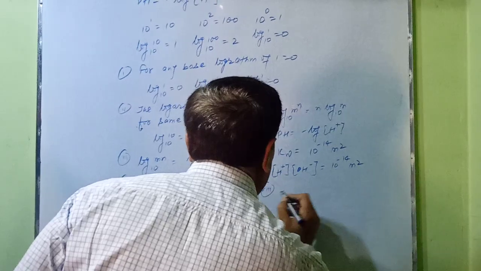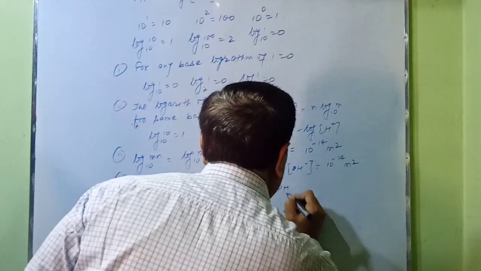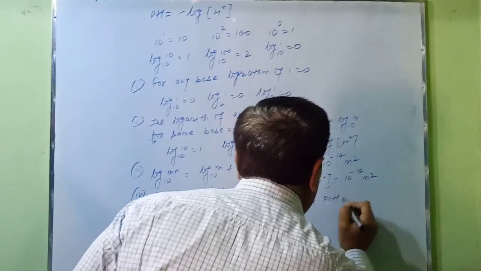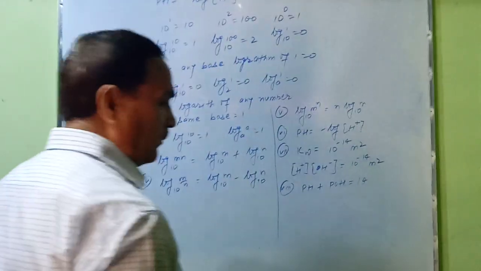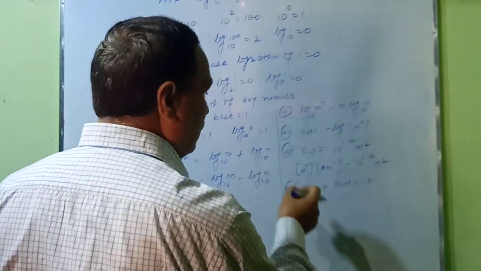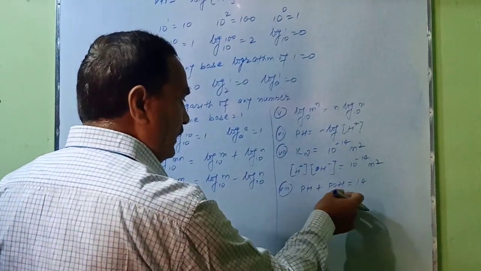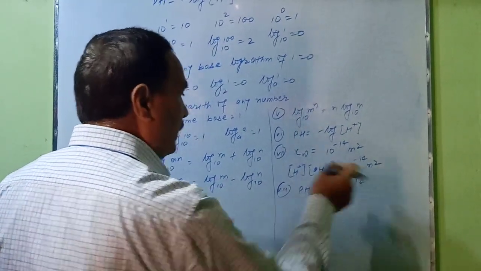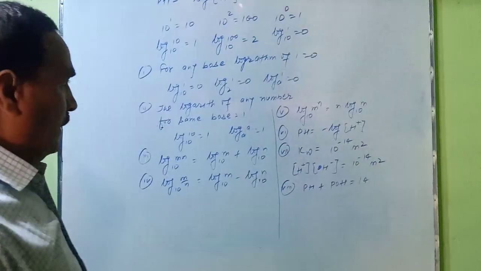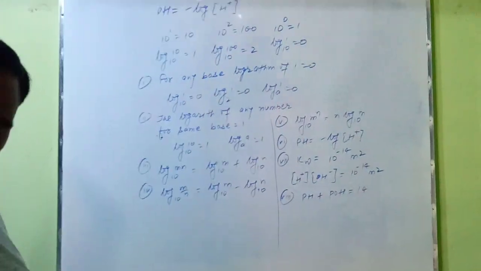Next formula, pH plus pOH is equal to 14. That is, the strength of hydrogen ion concentration plus the strength of hydroxide ion concentration is equal to 14.